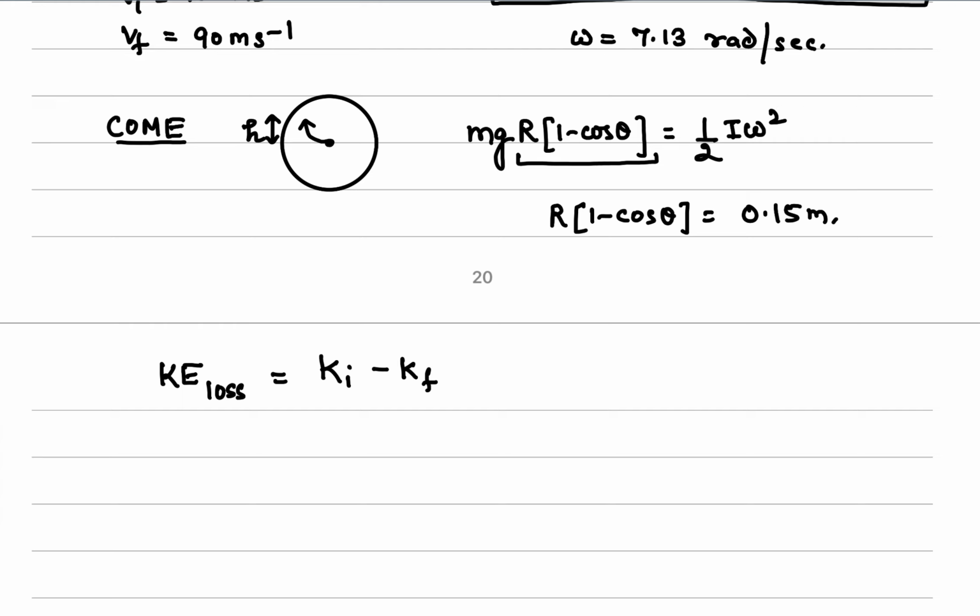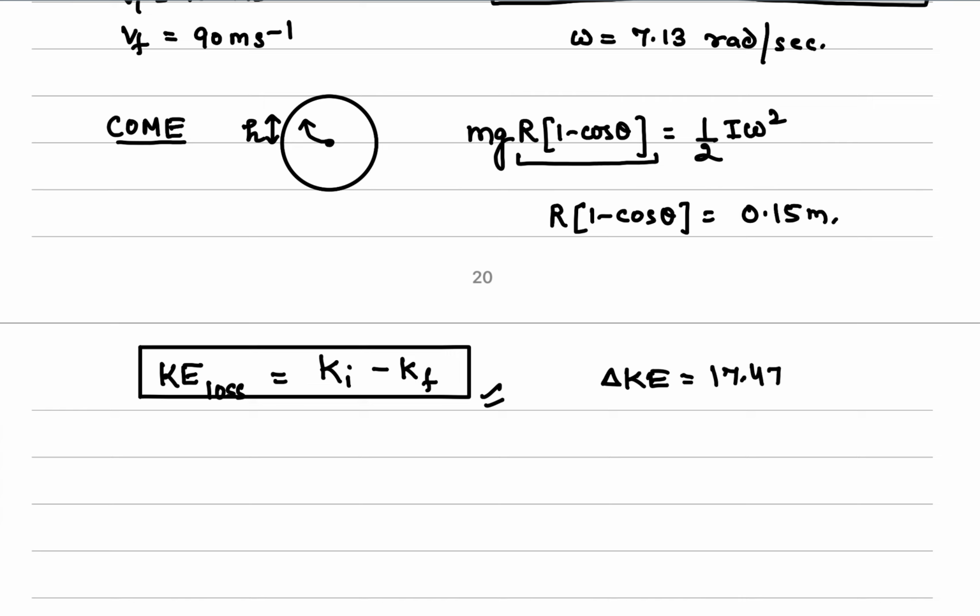You can calculate both, because the initial kinetic energy is that of the moving particle, and the final kinetic energy of the system is the kinetic energy of the moving particle as well as the rotational kinetic energy of the disk. By putting the values, you will get the loss in kinetic energy as around 17.47 joule, if I am not wrong, as calculated.